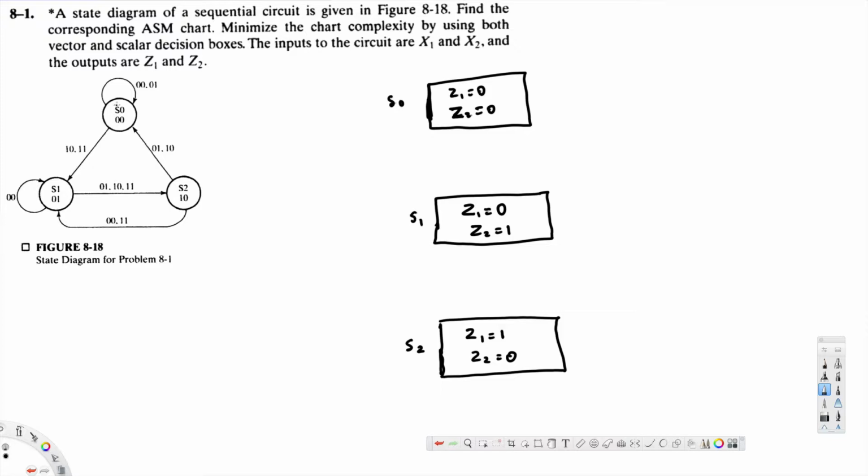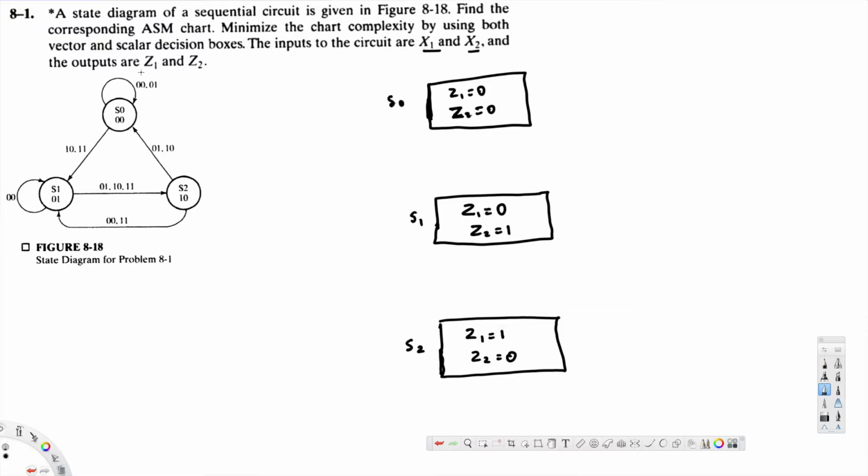What are the things that go out from S0? From S0 we have 0 0, 0 1 going around, and we have to reduce the complexity. Also, we have two inputs, x1 and x2.